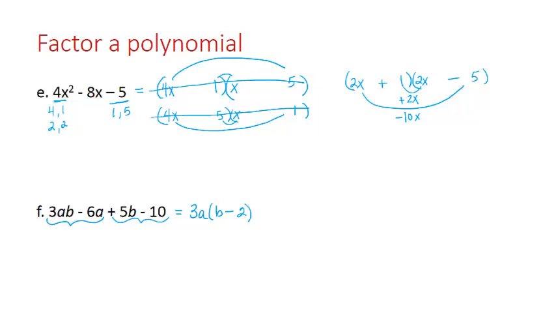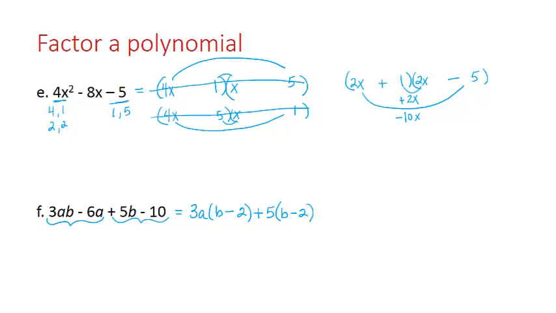For the second pair of terms, 5b minus 10, notice there's a 5 that goes into both of those terms. So I'm going to write this as plus 5. 5 into 5b leaves a b. 5 into negative 10 leaves a negative 2.